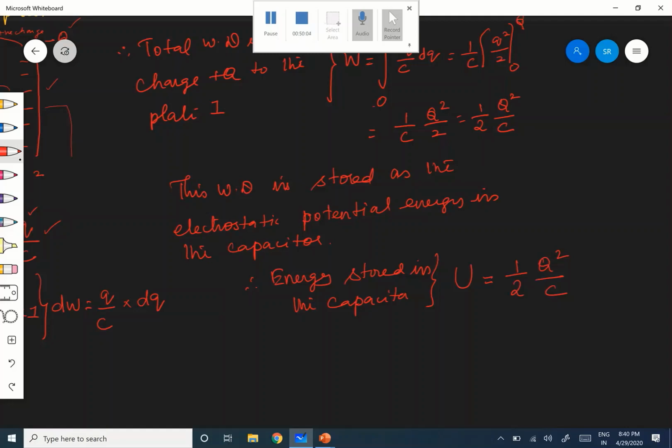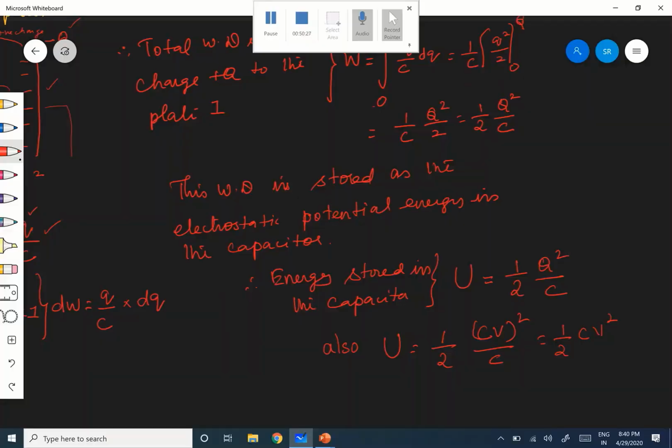Now you know Q is equal to CV, no? Therefore, U can also be written as half, with Q equal to CV, CV the whole squared by C. That is nothing but half CV squared. Are you following?